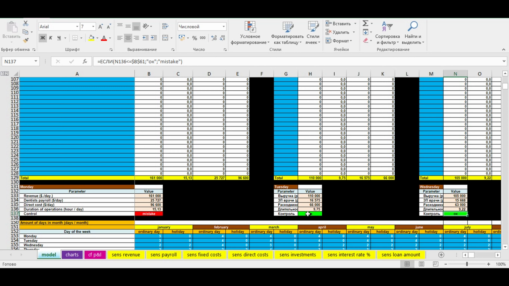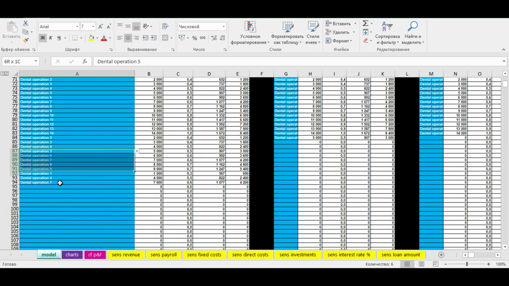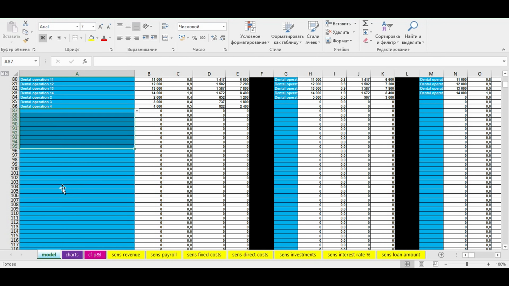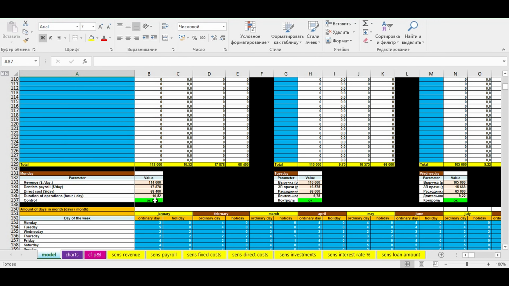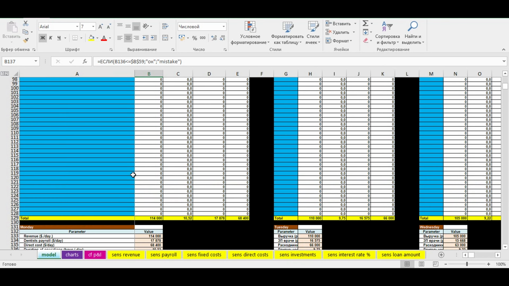What is interesting about this block? If the total duration of operations exceeds the daily working hours, you'll get a red warning mistake sign here. This means that in reality, you won't be able to make this amount of operations.